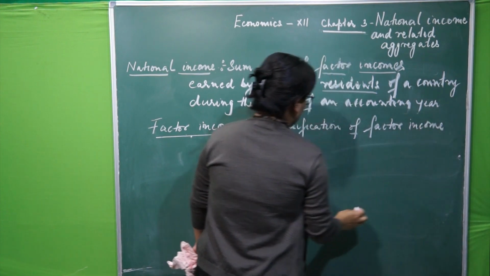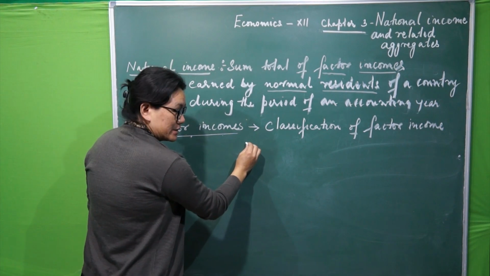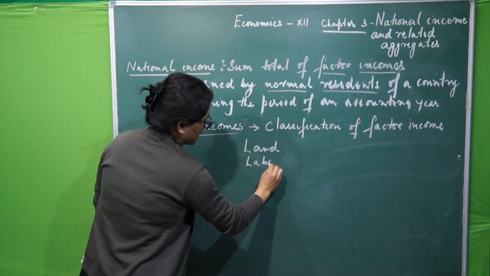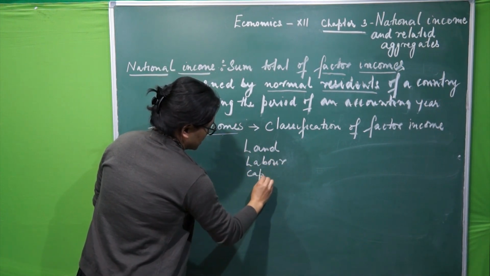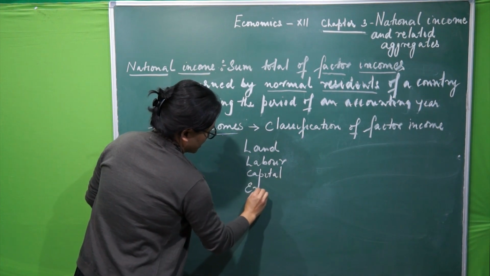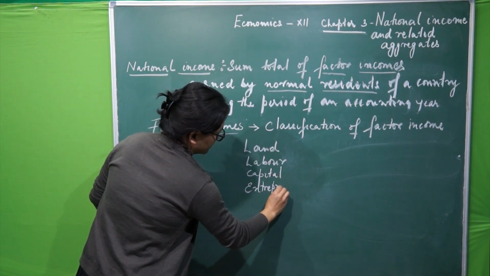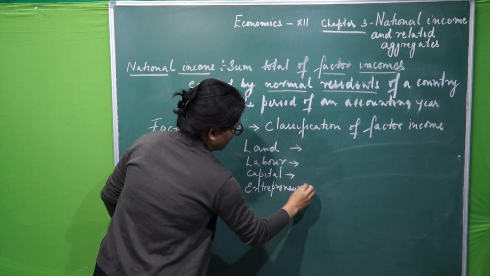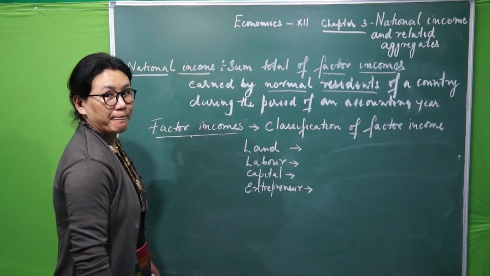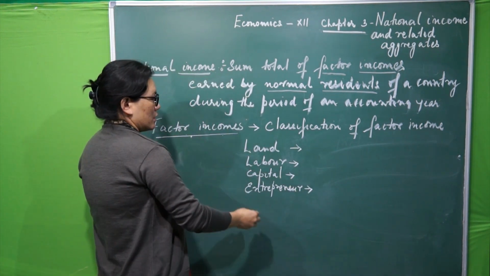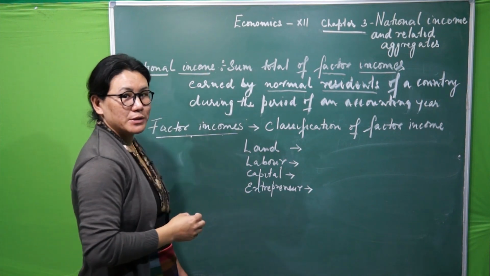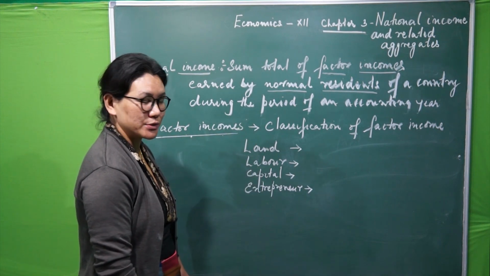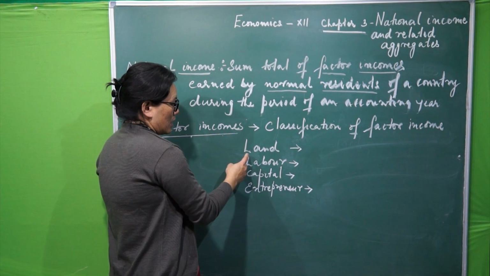I said households are receiving factor incomes from the producer, right? Now I will write down the 4 factors of production: land, labor, capital, and entrepreneur. So these are the 4 factors of production. Now, factor payment is what? The producer is making payment for these 4 factors of production to the household.